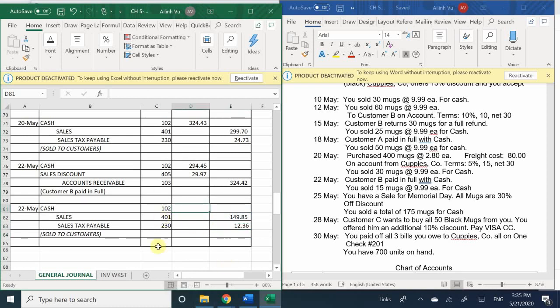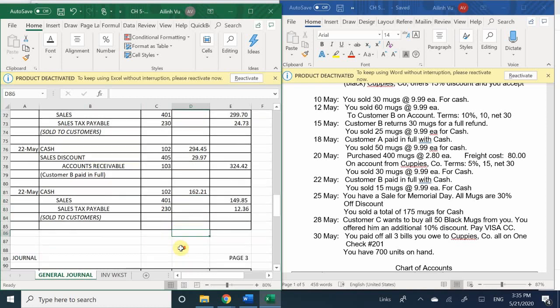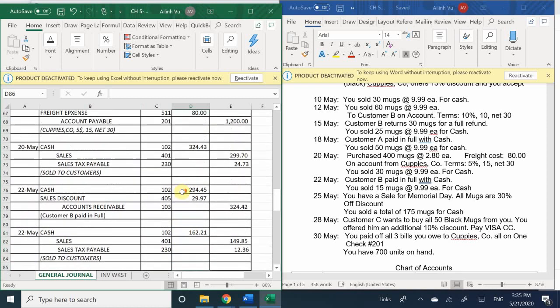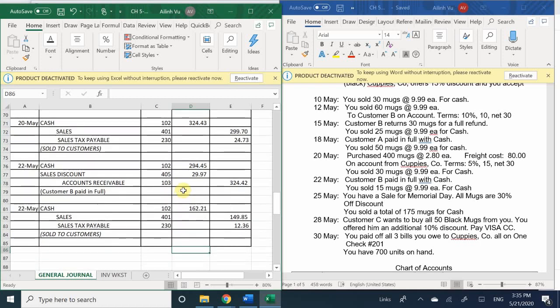So how much cash in total did we receive from these random customers? $162.21. 162.21 is correct. All right. So I'm going to leave it here for a couple minutes.